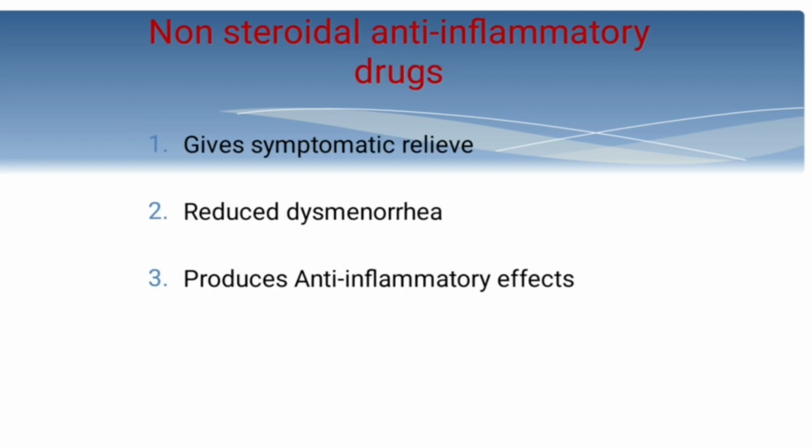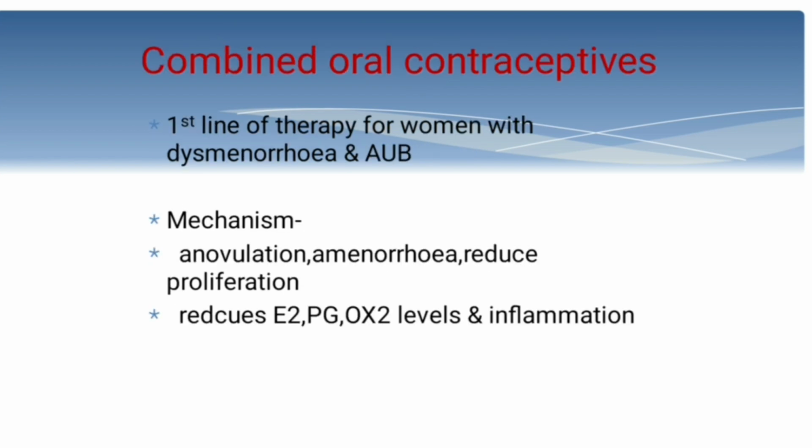Okay, first of all, non-hormonal, that includes non-steroidal anti-inflammatory drugs. What it does is give symptomatic relief, reduce dysmenorrhea and produce an anti-inflammatory effect. Thus, it helps in adenomyosis. Now, the most popular first-line therapy for women with dysmenorrhea and abnormal uterine bleeding is combined oral contraceptive pills. How does it work?